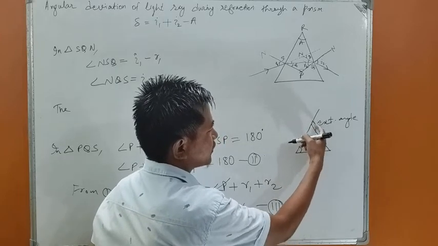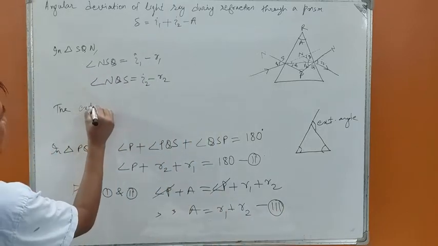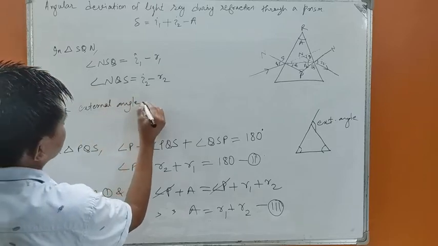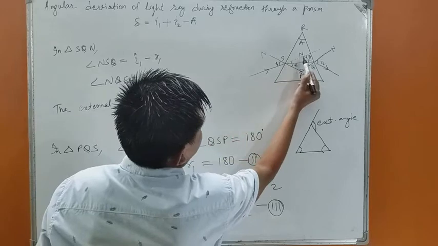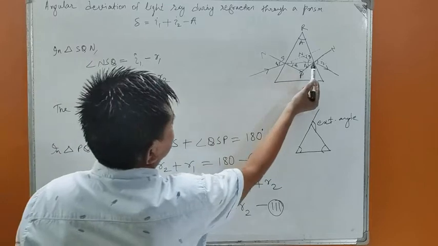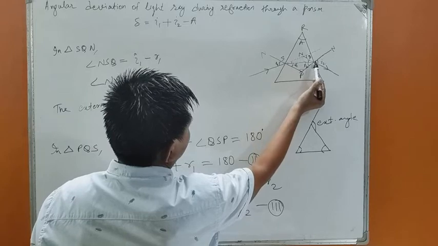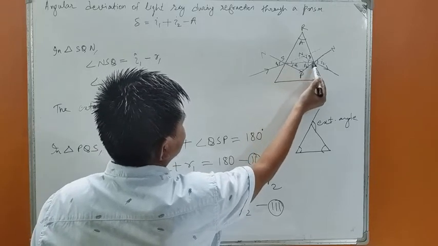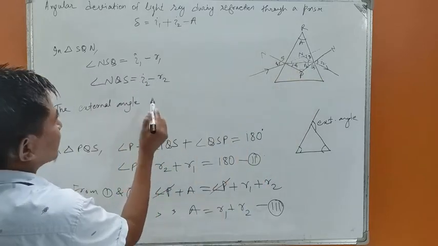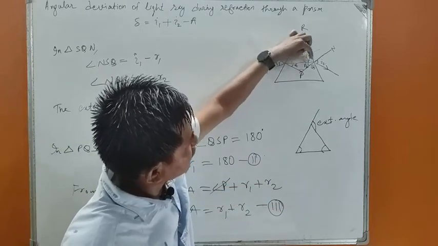The external angle is del, isn't it, in triangle NSQ. I am talking about the upper triangle.